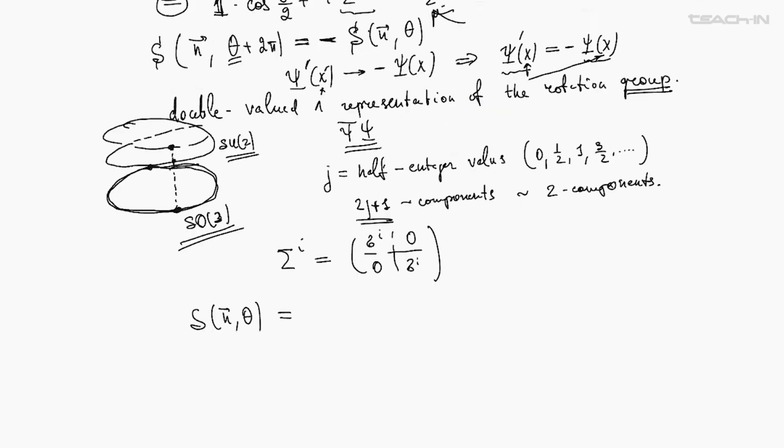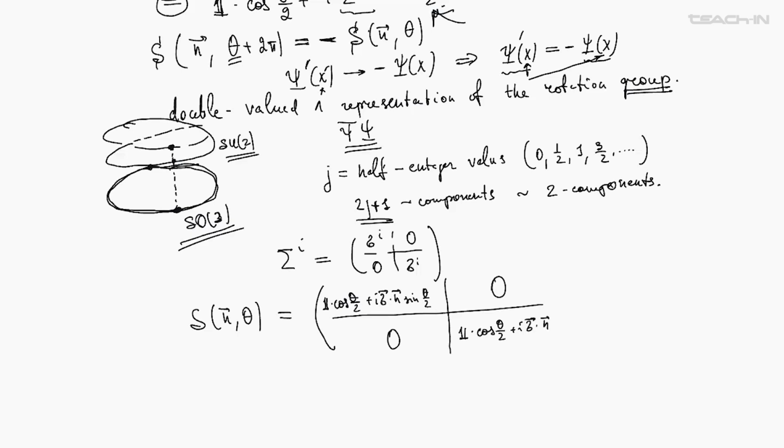So this matrix S also becomes block diagonal, where here you have 2 by 2 zero blocks, and here you have the 2 by 2 identity matrix multiplied by cosine theta over 2 plus i Pauli matrix sigma multiplied by n sine theta over 2, and here analogously 1 cosine theta over 2 plus i sigma multiplied by n sine theta over 2, like this.